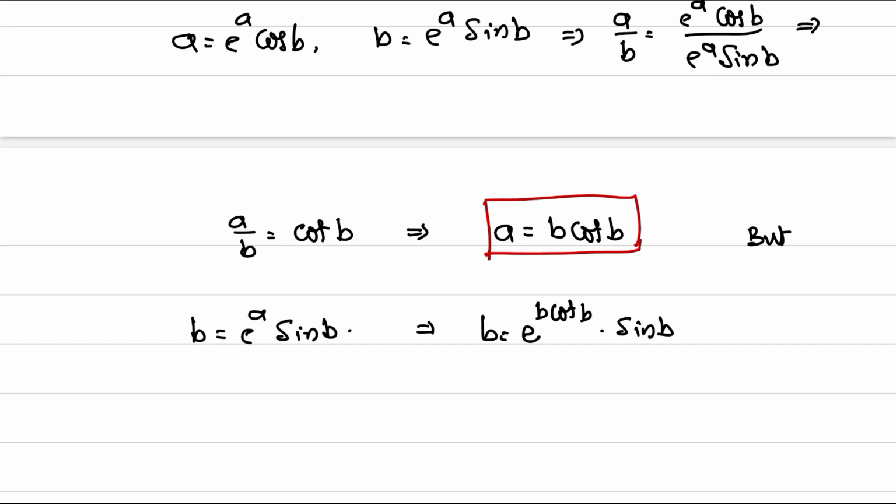That means everything we got is in terms of the same value b. Please understand, there is no term a in this.